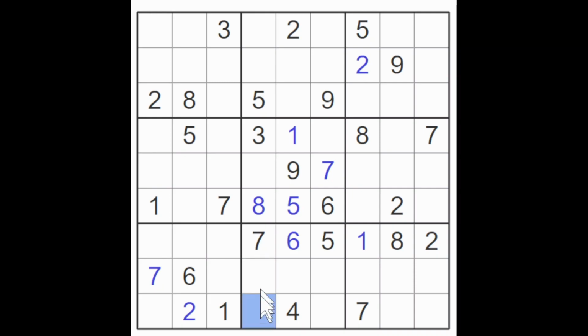One of these must be a 9, right? But if we look at all the other digits surrounding this square here, we got a 1, 2, 3, 4, 5, 6, 7, and an 8. So this must be a 9.